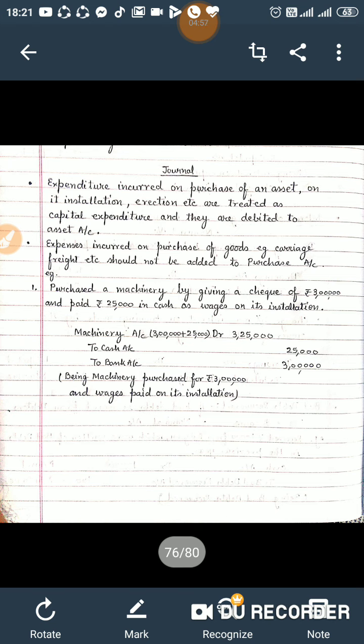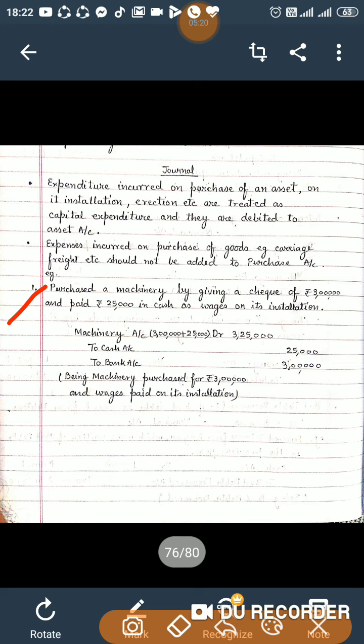On these two notes, I would like to give you some examples. This is the first example: purchase a machinery by giving a check of rupees 3 lakh and paid 25,000 in cash as wages on its installation.